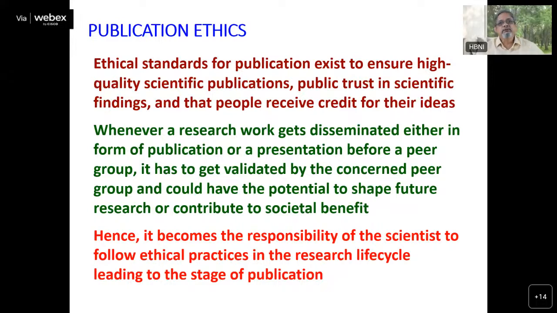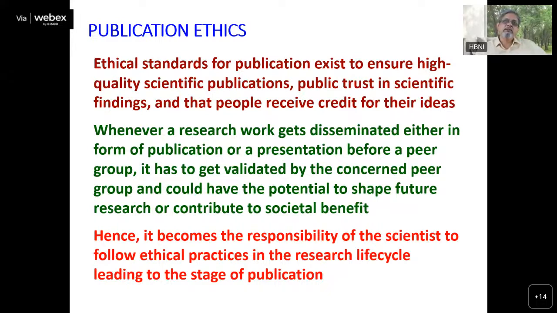Whenever research work gets disseminated, either in the form of a publication or a presentation in a conference before a peer group, it has to be first validated by the concerned peer group. The moment you publish your research work, it may not have much effect unless some other peer group or an expert group looks at your research and validates it, and says that yes, this particular research work has some quality or is of significance for something.